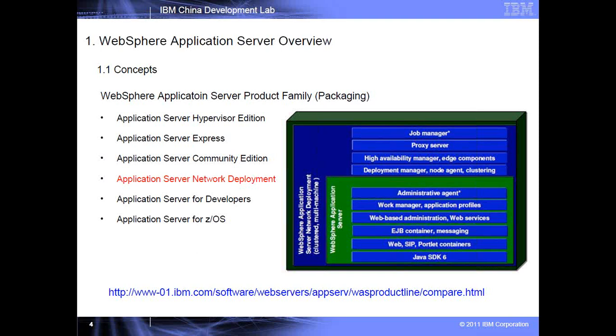Okay. So which one do we have to select when a requirement comes to you? Say for example, your manager asks you to create a development environment for the developers. Which product do we have to select here? Usually the one highlighted in red, Application Server Network Deployment, will give us the maximum requirement satisfaction.